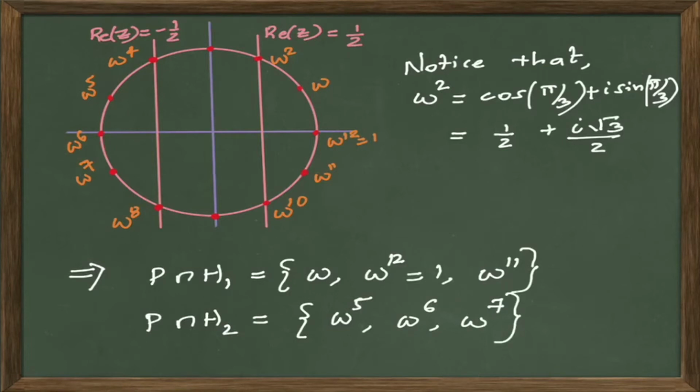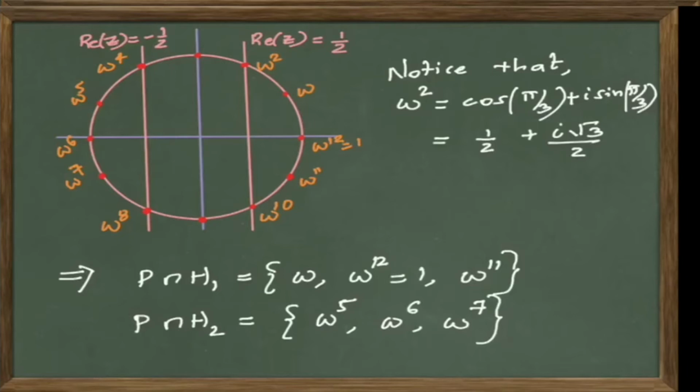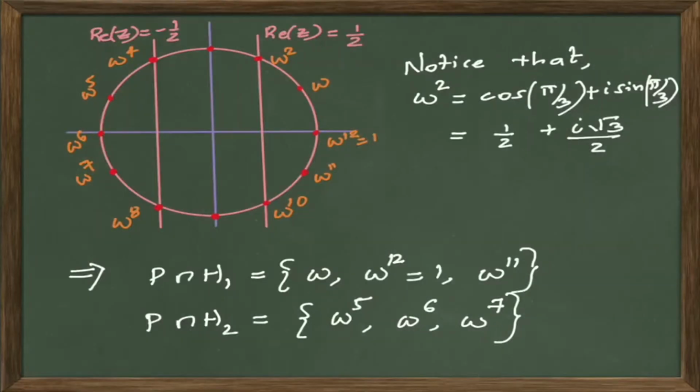Recall that the point Z1 lies in the intersection of P and H1, whereas the point Z2 lies in the intersection of P and H2. So Z1 can take two values: omega to the power 12 and omega to the power 11, whereas the point Z2 can take three values: omega to the power 5, omega to the power 6, and omega to the power 7.